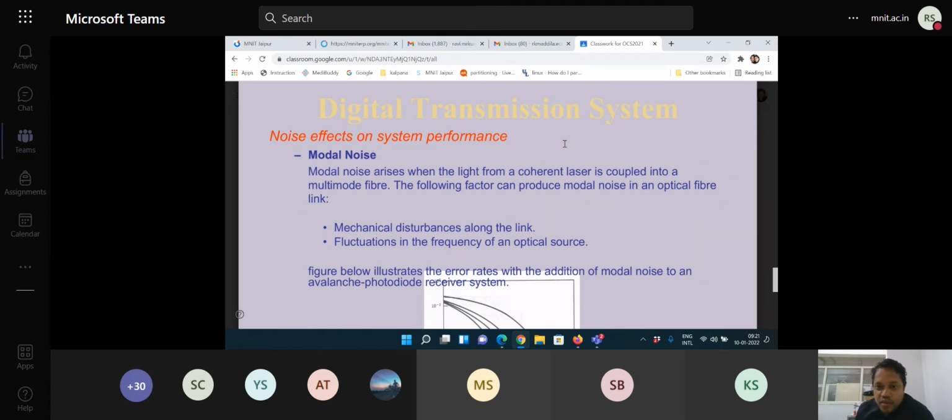When you have a laser, it is highly likely that the laser wavelength can fluctuate because of changes in temperature of the device, or because of external factors like mechanical vibrations near the laser, which can also induce fluctuations in the frequency of the laser.